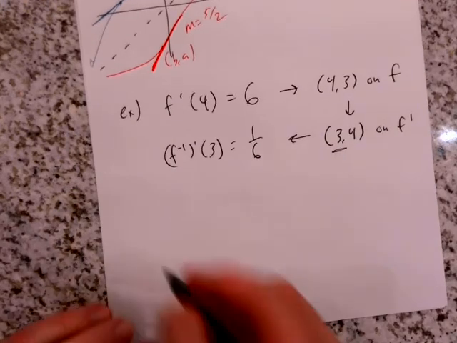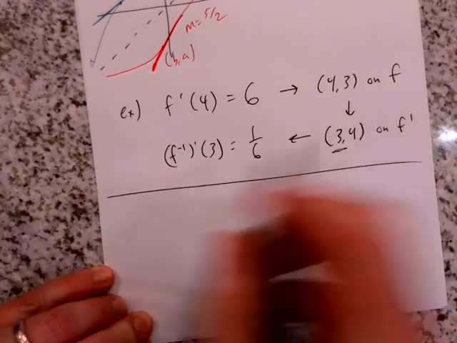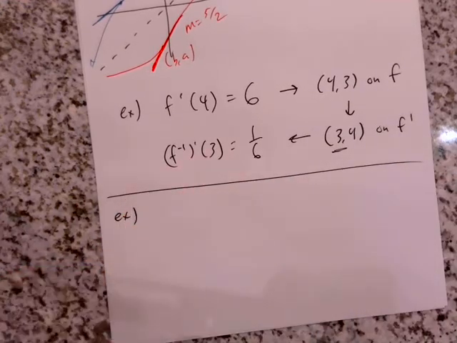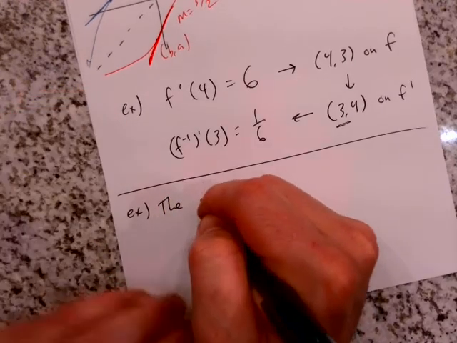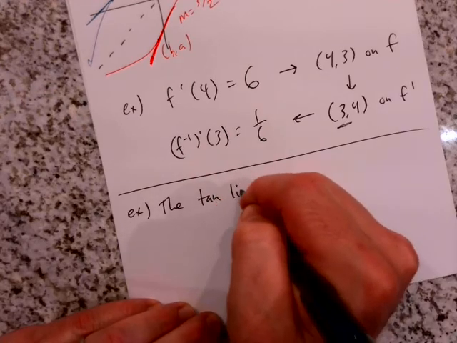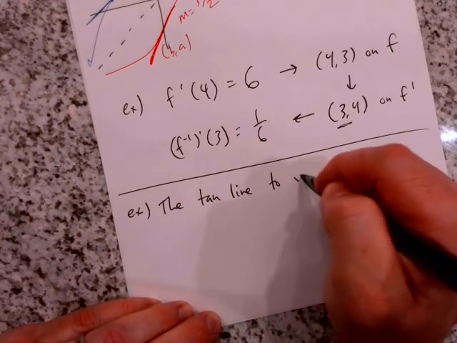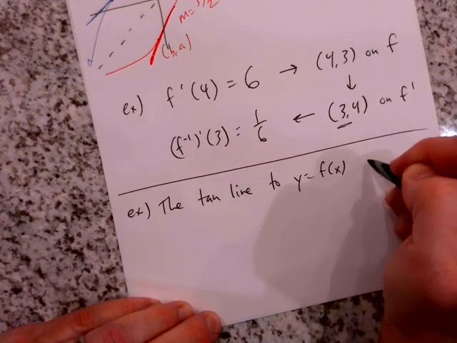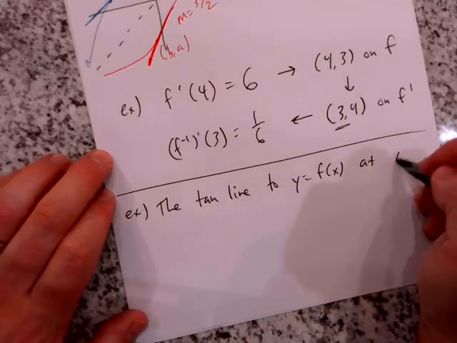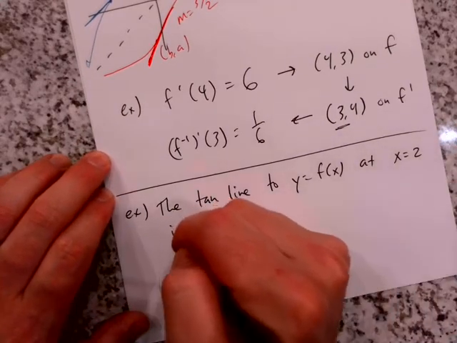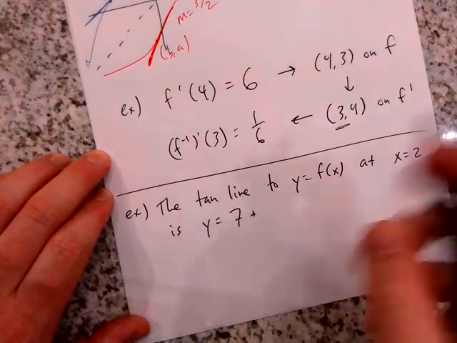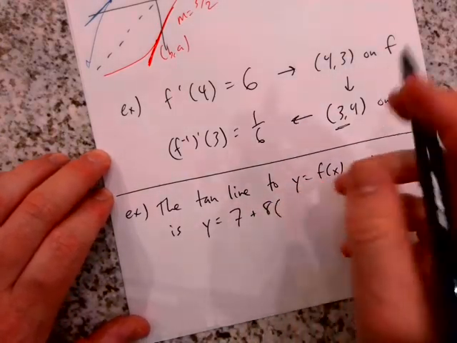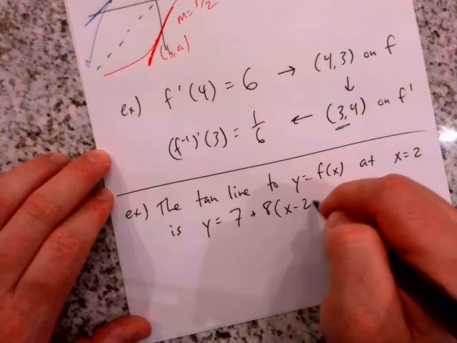As an example of how you might encounter a question like this, let's say we knew that the tangent line to y equals f of x at x equals 2 is y equals 7 plus 8 times x minus 2.